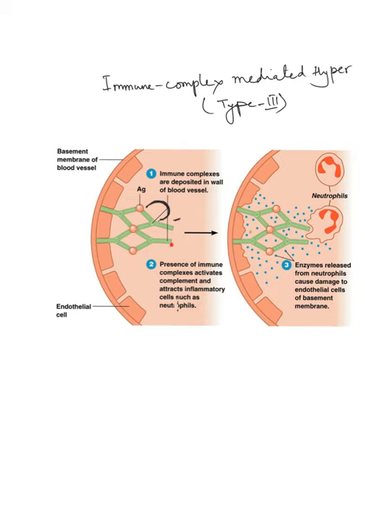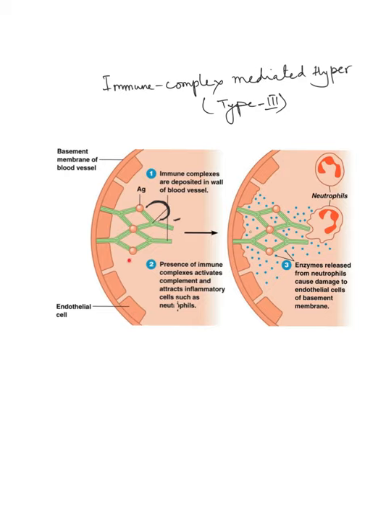Hence, when they are not being removed, that leads to the problem. So, for example, look at this diagram here. First, immune complexes are deposited in the wall of a blood vessel. This is a blood vessel, and these immune complexes are getting deposited on the basement membrane of this blood vessel.